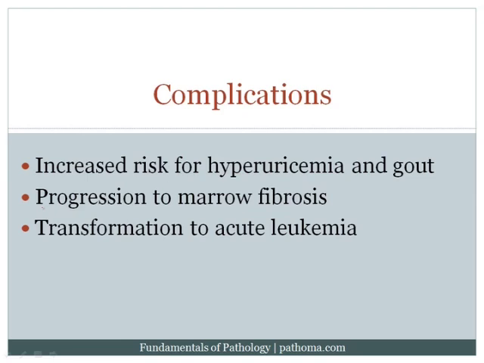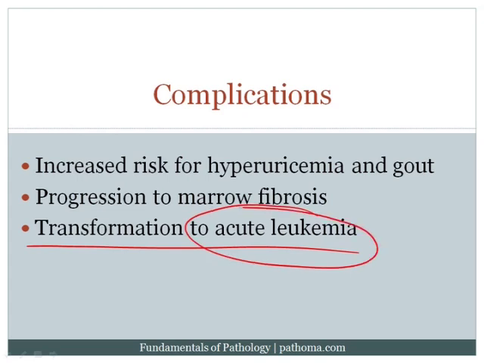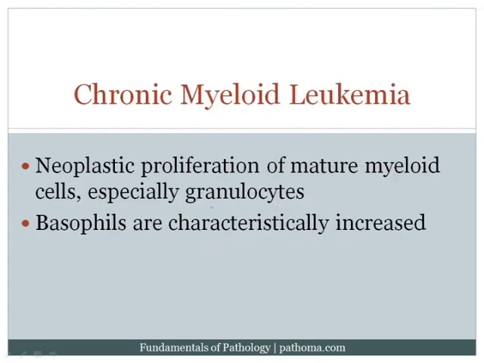Third complication is that many of the myeloproliferative disorders can transform to acute leukemia. You've got mutations in a stem cell that allows the stem cell to develop and produce mature cells. However, if those mutations were to progress, you could easily arrest the stem cell in the blast phase, resulting in an acute leukemia.